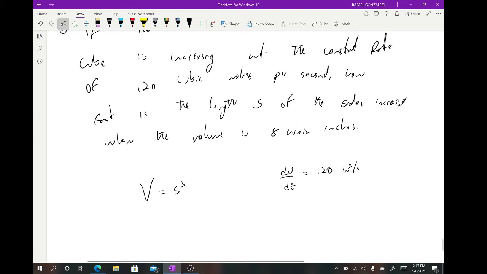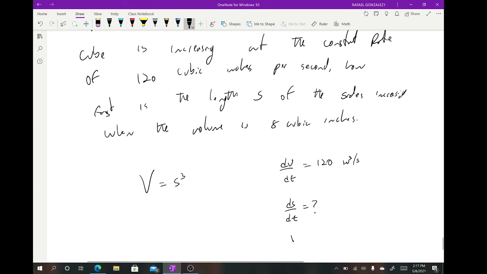We are asked how fast the length s, so ds/dt, is increasing when the volume V is 8 cubic inches.